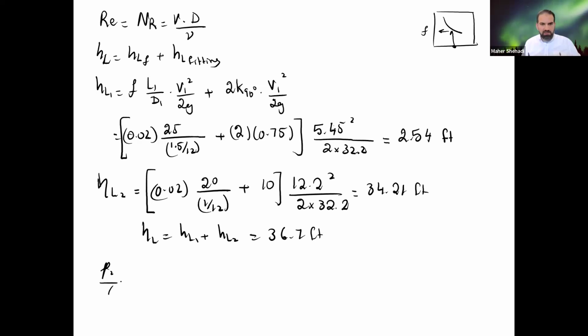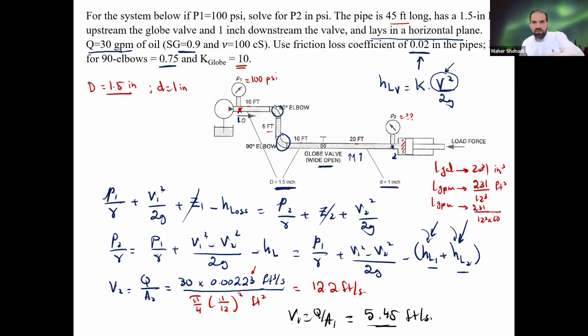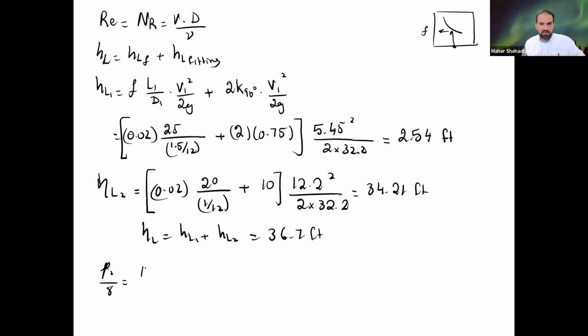over gamma. What's P1? 100 psi, 100 pounds per inch squared, divided by gamma as 62.4 pounds per cubic foot times the specific gravity 0.9. So I'll need to convert one of them since I have this in feet.